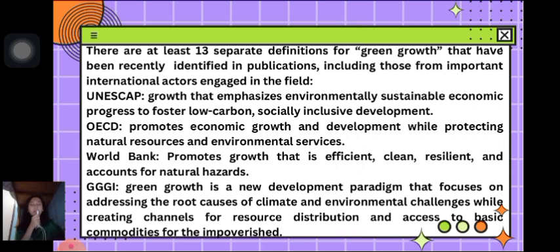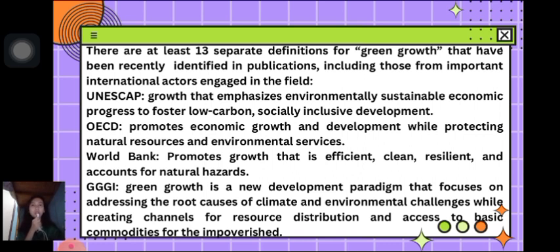So, in this definition, it emphasizes growth that is environmentally sustainable in economic progress and able to foster low carbon and socially inclusive development.